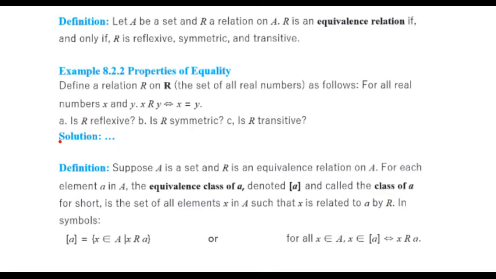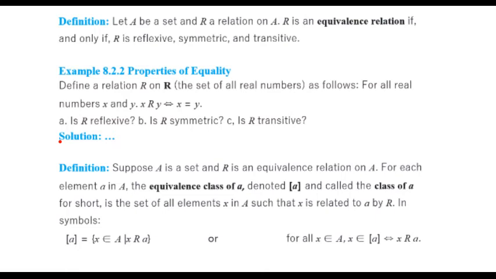Now let's consider another definition. We say, suppose A is a set and R is a relation on A, and R is an equivalence relation on A. It means R has all of those three properties: R is reflexive, R is symmetric, and R is transitive.